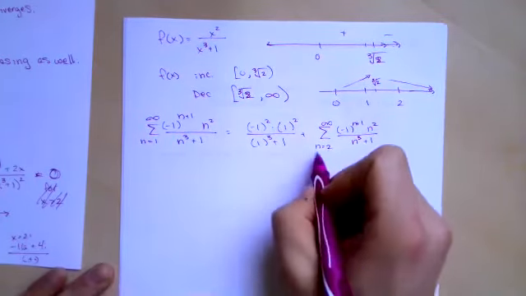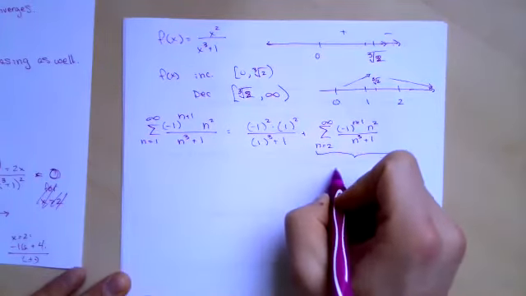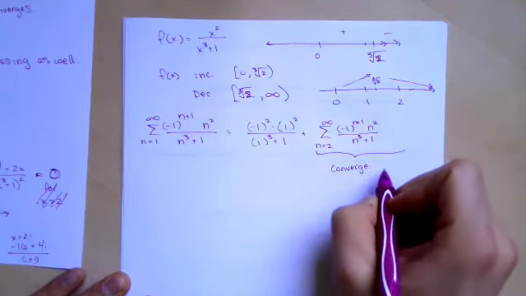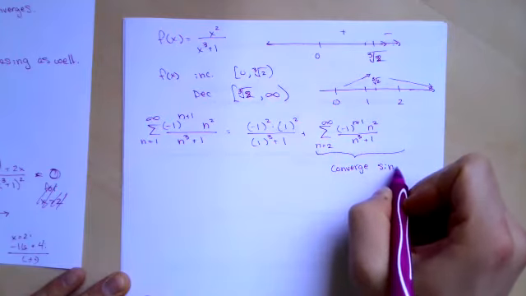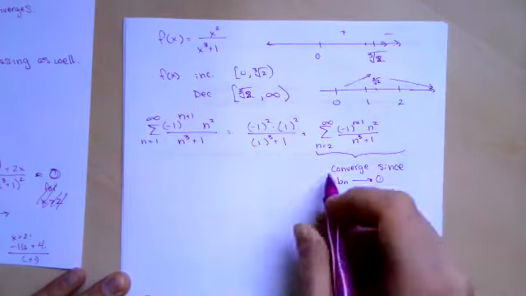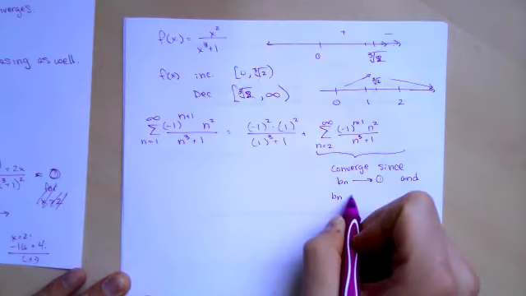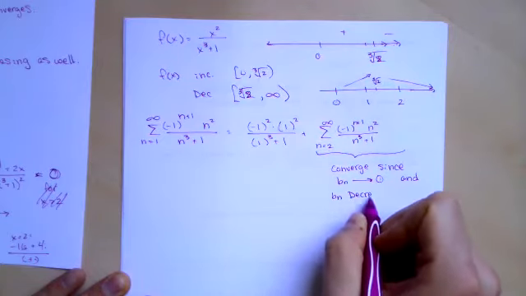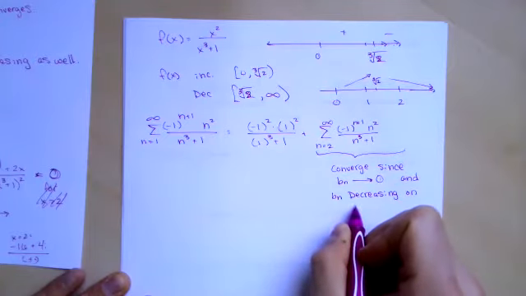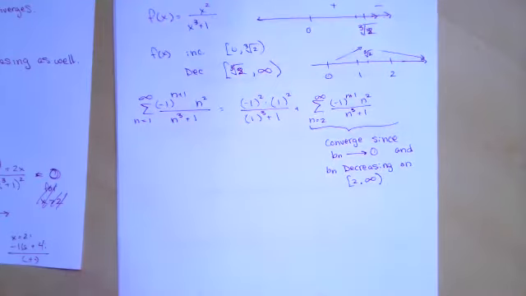And so now this guy will converge, since the individual terms go to 0 and bn is decreasing on 2 to infinity.